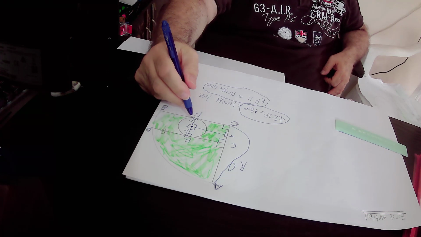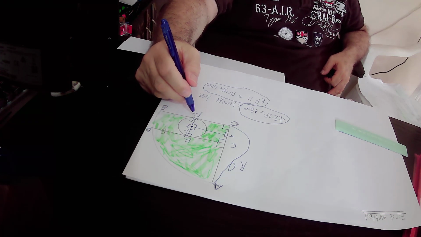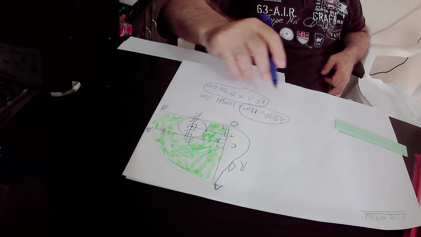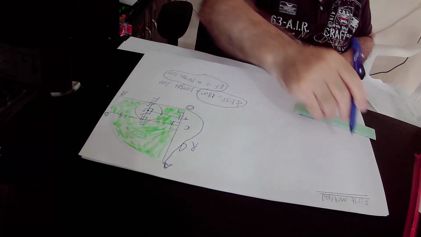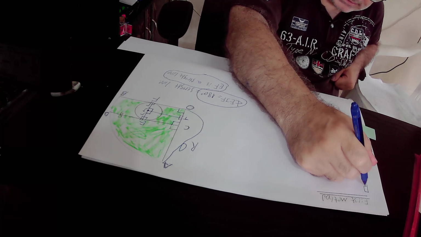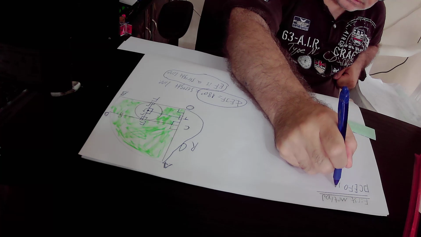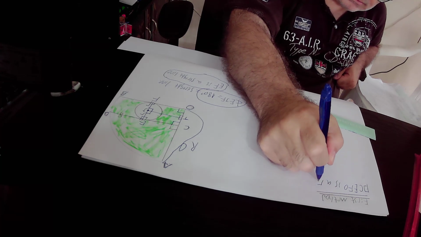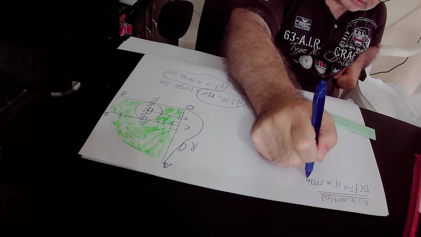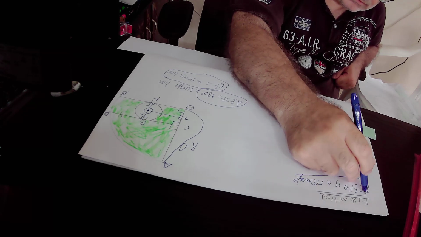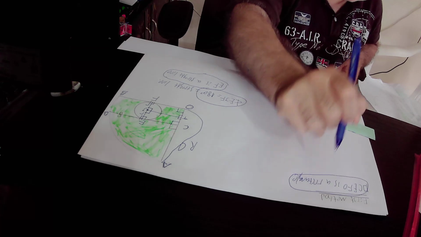And if EF is a straight line, it means that quadrilateral CEFO is a rectangle. Why? Because it has 4 right angles. And we know that the opposite sides of a rectangle are equal to each other.